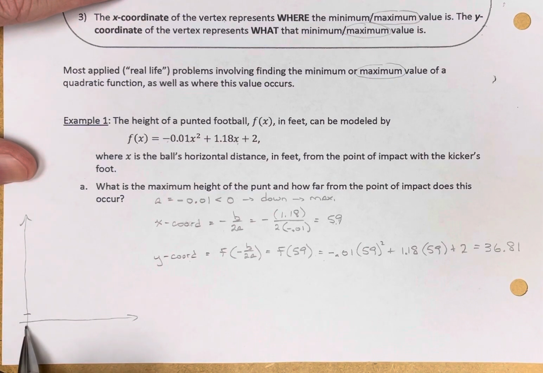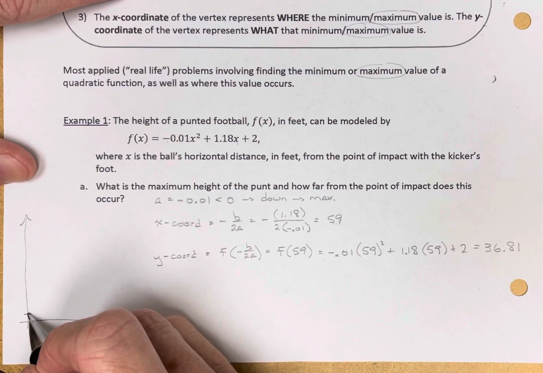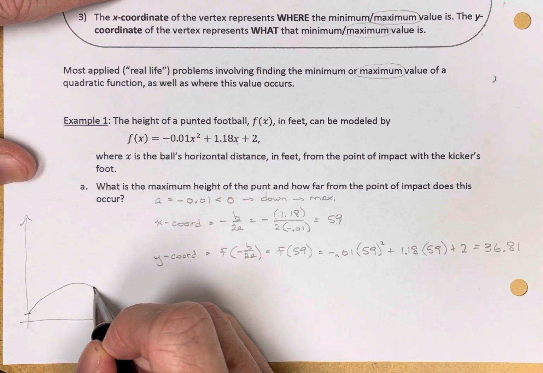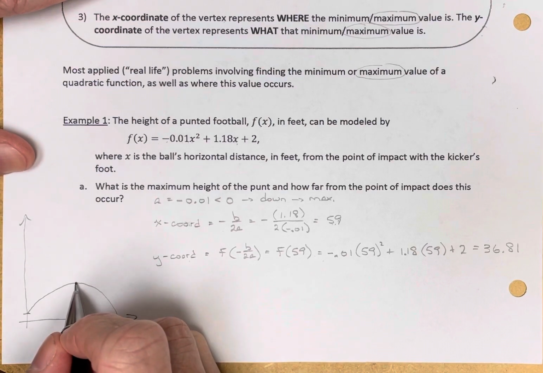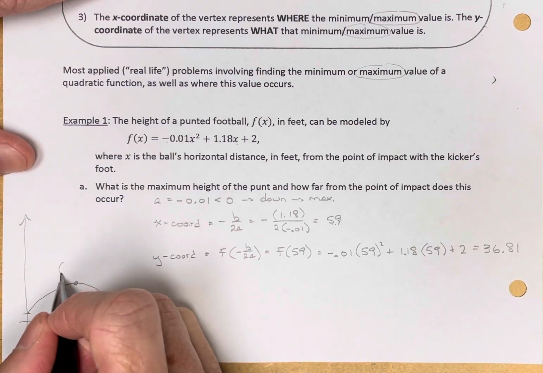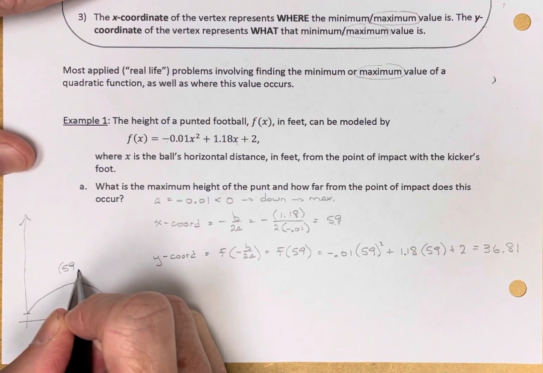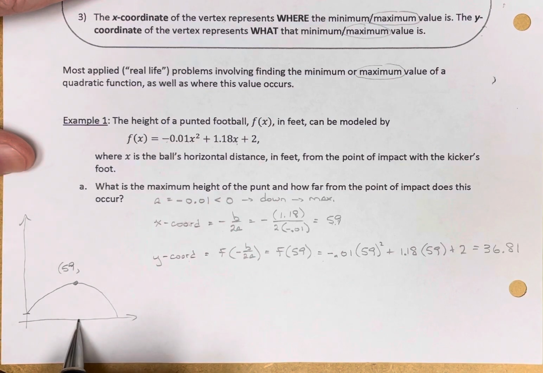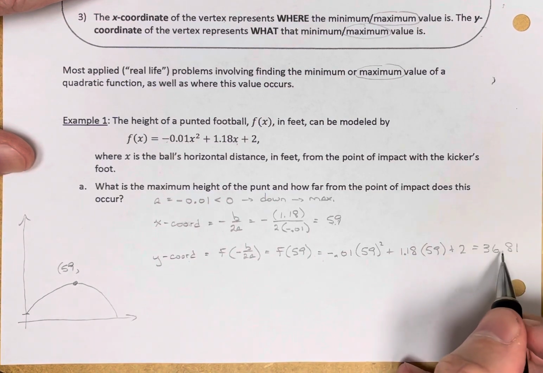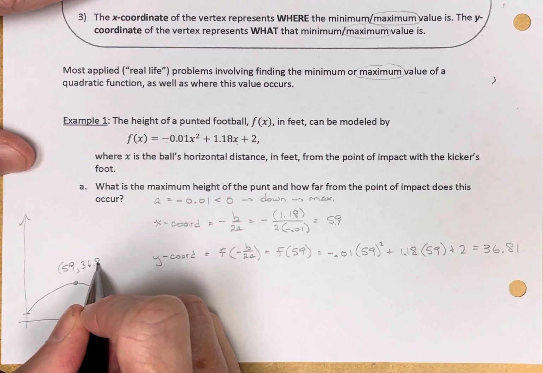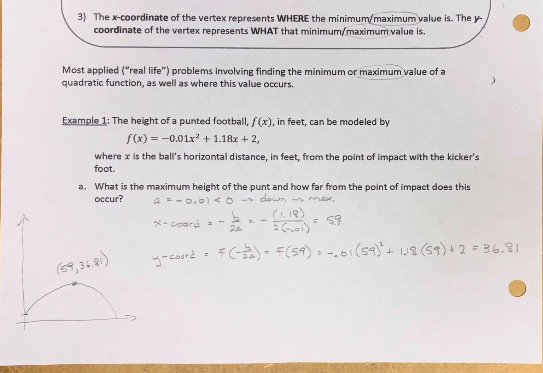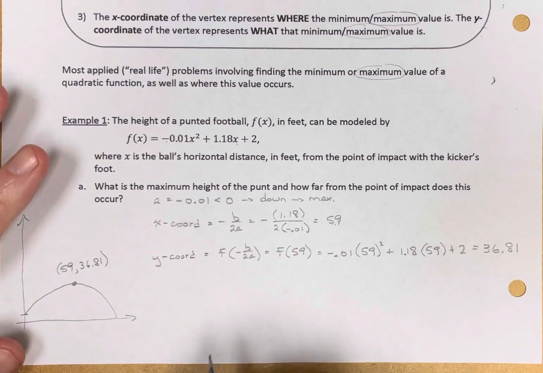We're punting, so the punter's foot is here, and the ball goes like this, and then it will come back down in a parabola. And we're told the maximum takes place 59 feet away from the punter's foot, and it hits a maximum height of 36.81 feet. So it looks something like that.